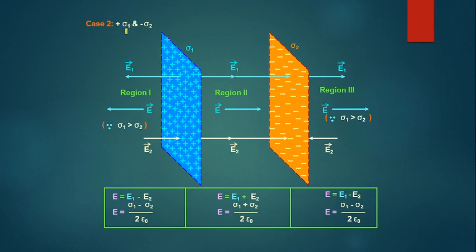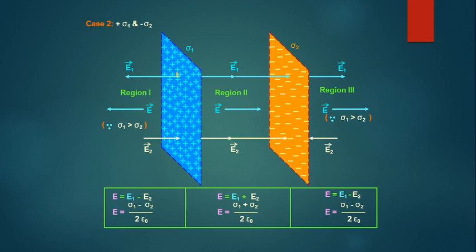In case 2, this is a positively charged plate and this is a negatively charged plate, and they are separated by a certain distance. This has surface charge density sigma 1, and this one has surface charge density sigma 2, but it is negatively charged, while this is positively charged.